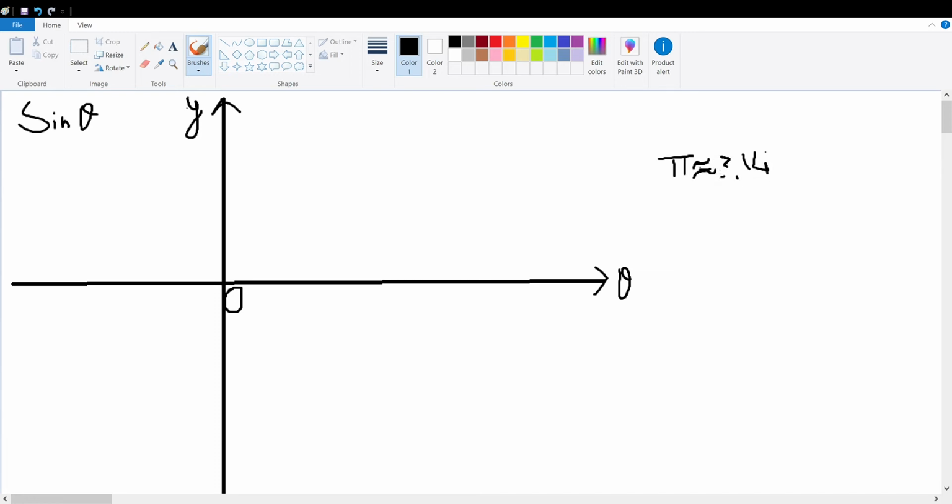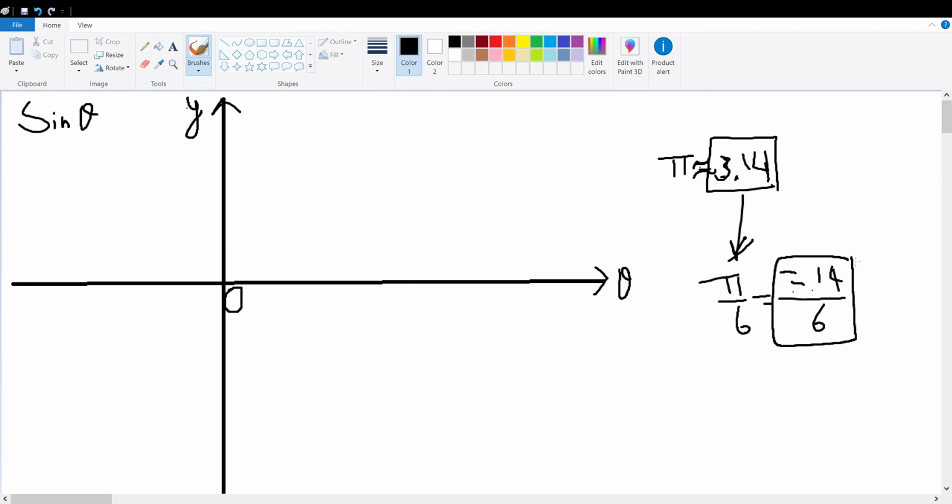So we plug this into our radian values, for example, pi over 6. To graph pi over 6 on the axis will be 3.14 over 6, and that's an estimate. We'll divide this out, and whatever value comes out, we plot accordingly on the graph.